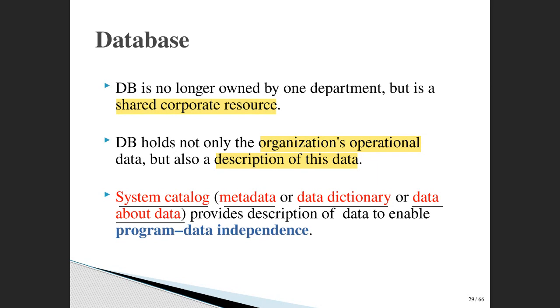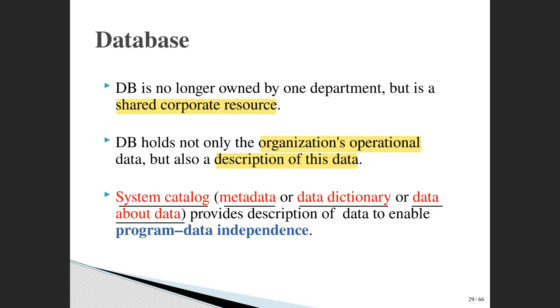So it will be like a public or corporate resource shared by many departments. So what kind of data is held by the database? Data plus the description of data. What is the data? Data are, for example, everything about student information, student timetables, student registered courses, student transcripts. All these kinds of data are stored in the database.